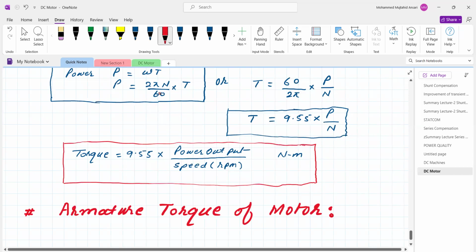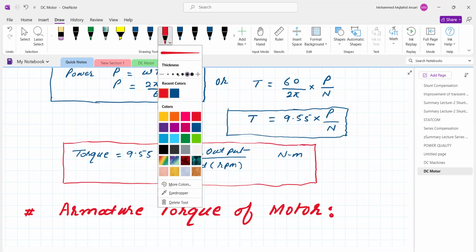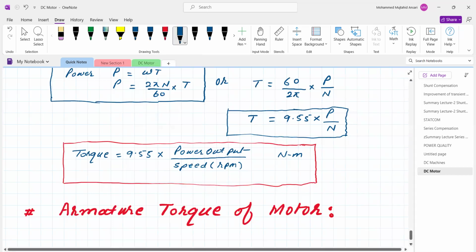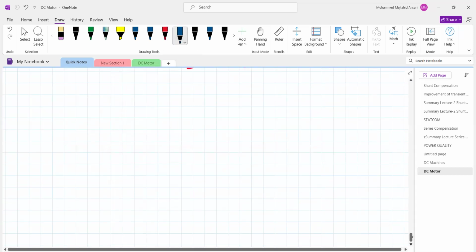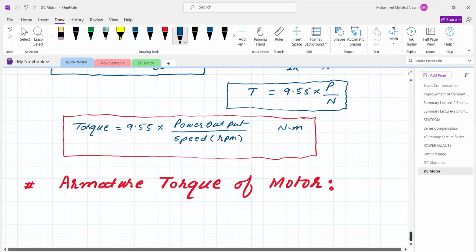Using the above equation, the same relation, we try to find out the relation of armature torque.